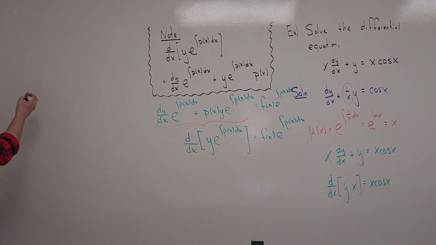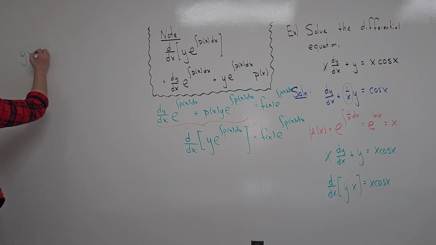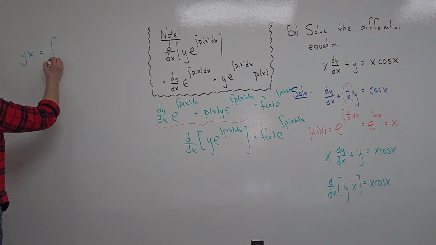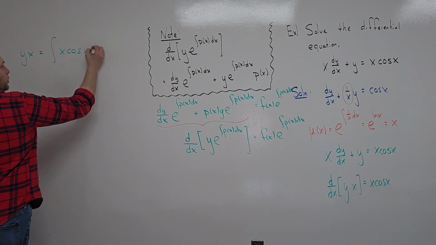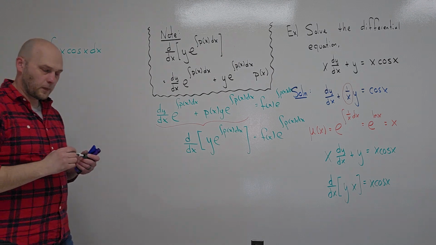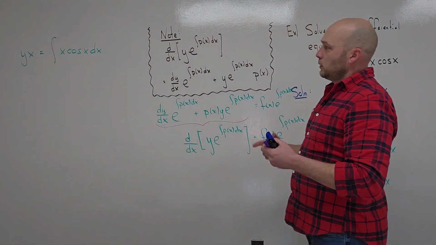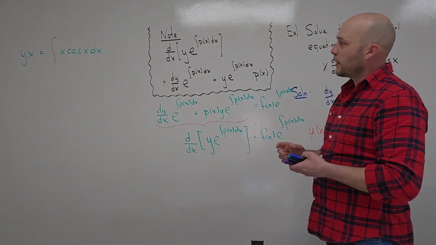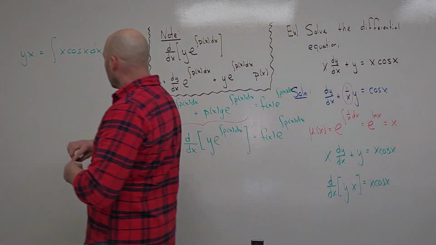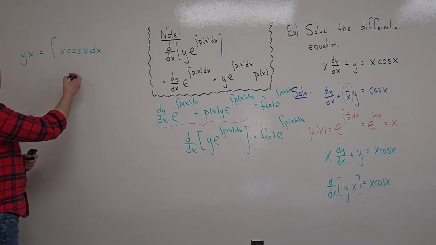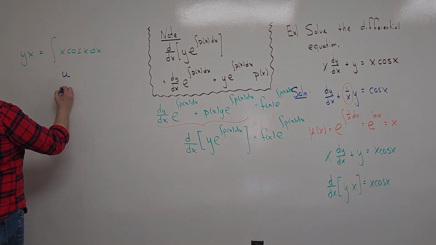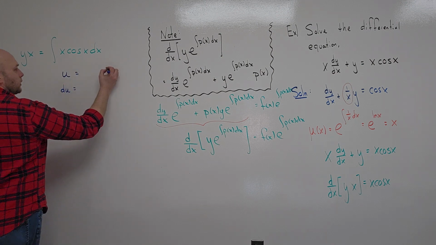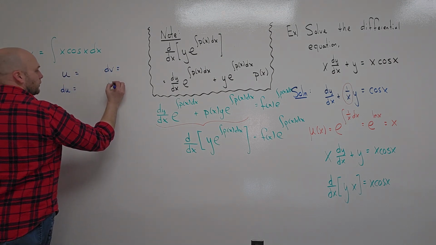That says that yx would be the antiderivative of x cosine x dx. To take the antiderivative of x cosine x, that's going to be an integration by parts. So let's set up our integration by parts table with u, du, dv, and v.